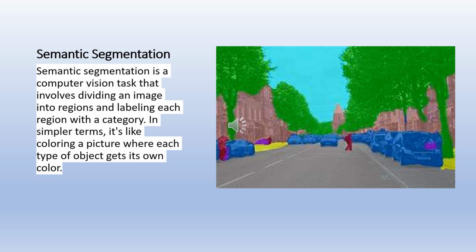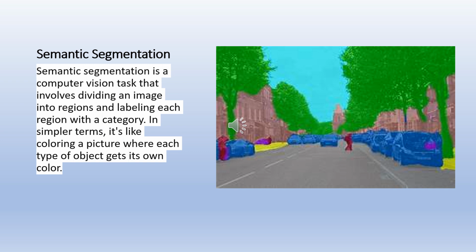Then comes the other thing we can do with computer vision: semantic segmentation. Semantic segmentation is a computer vision task that involves dividing an image into regions and labeling each region with a category. In simple terms, it is coloring a picture. Here we can see that there are cars, men, trees, buildings.